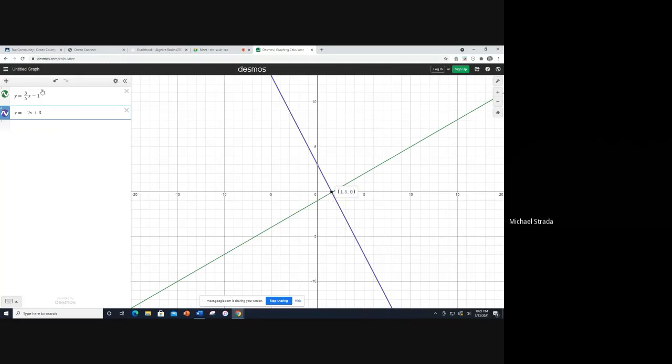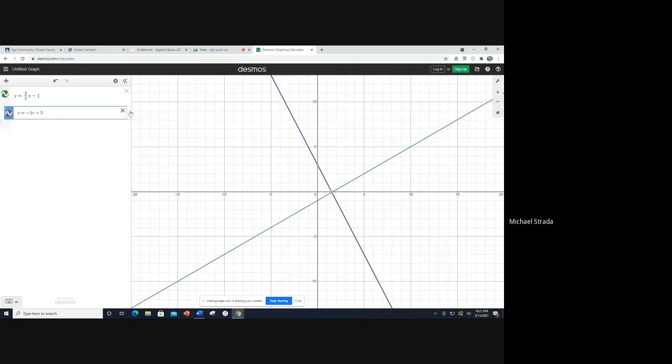If I plug that back in, 4.5 divided by 5 is 0.9, 0.9 minus 1, no, it's not going to work. So it's kind of hard to see exactly where they intersect. That's the limitation with graphing.